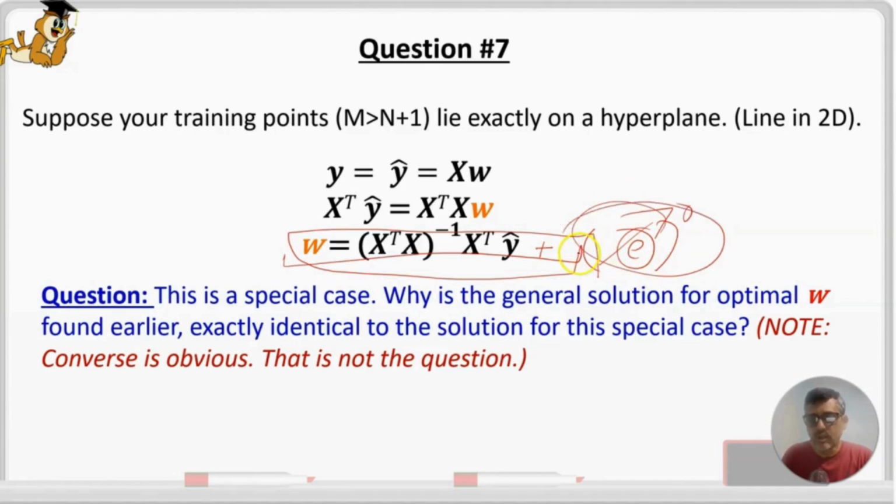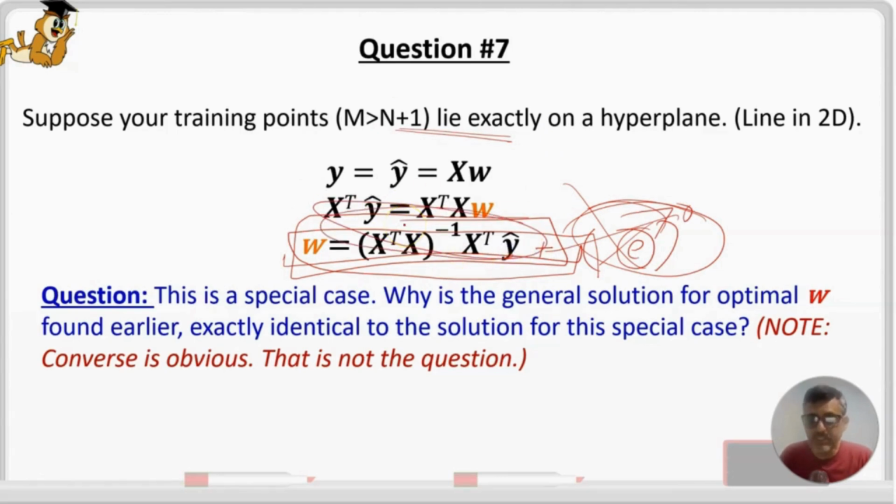So what I am saying is, why is the equation for the special case exactly identical to the equation for the general case? That is what I would have anticipated, that perhaps there is some term which is a function of the distances of these points from the ideal hyperplane, and because these points were in the hyperplane, that was 0, and therefore it reduced to this.